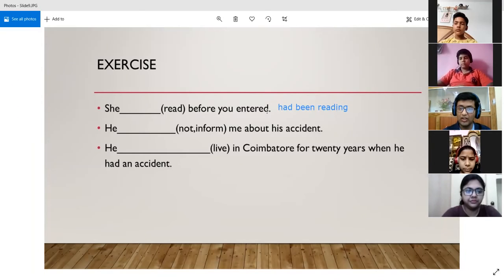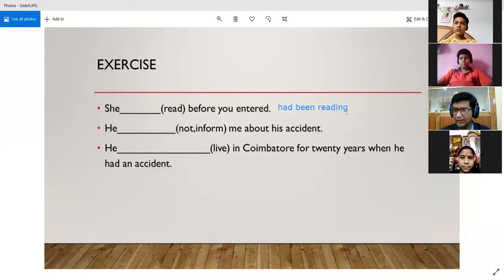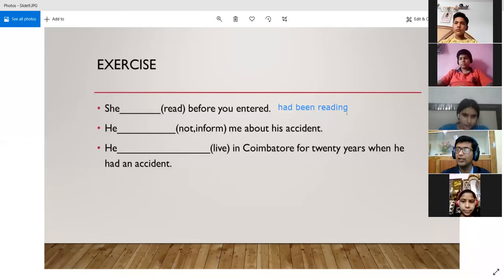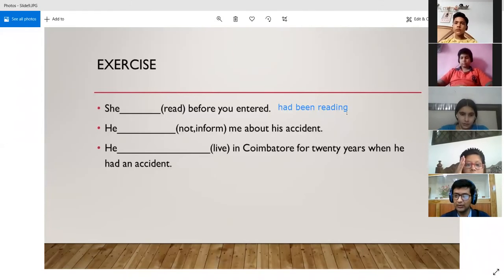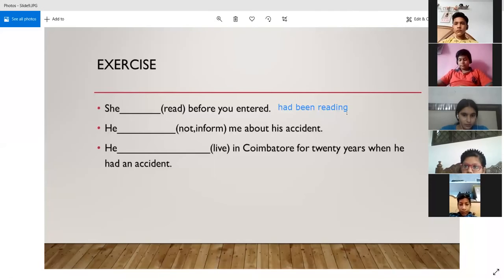But if we say she had been reading, then it means that the activity had very recently finished or it had continued up to that point. So we just need to understand what we are trying to say: that the activity had just very recently finished or it was continuing up to that point when the second action happened.